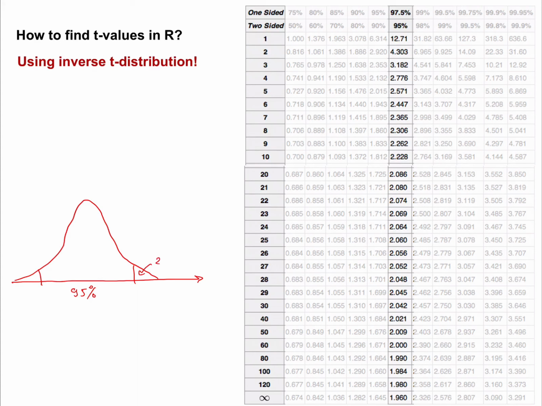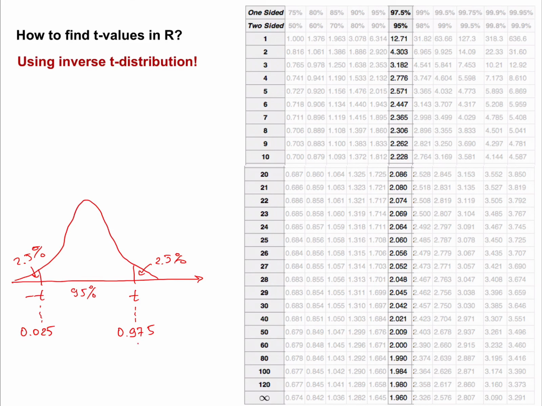You have 2.5% here and 2.5% here. And then this is t and this is minus t, it's symmetric. When we talk about probabilities, we always mean the probability to find a value below the given one, right? So for this value, the probability to find a value below it is 0.975, and for this value, the probability to find a value below it is 0.025.